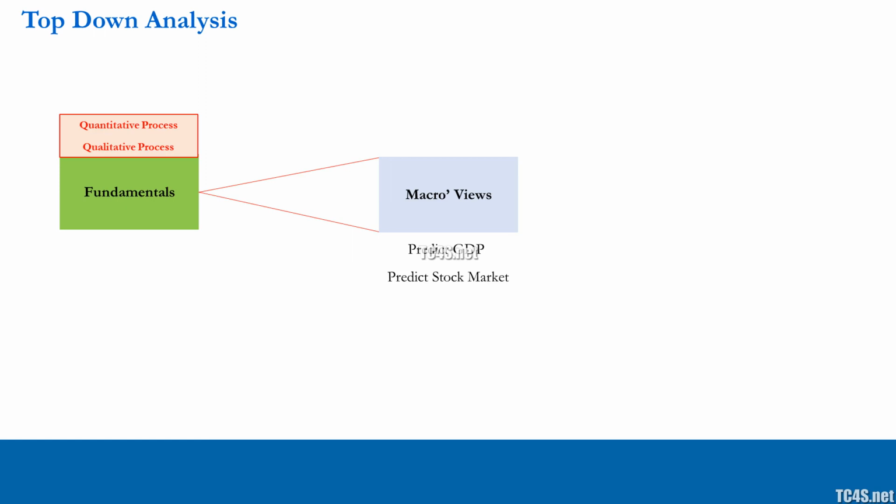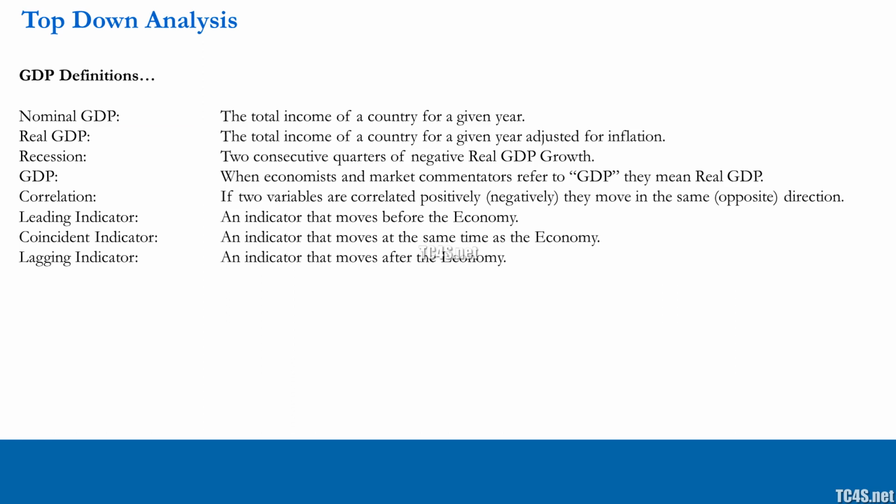We're looking at macroeconomic fundamentals and we're trying to predict GDP. If we can do that, we can predict to a large extent stock market returns. So before we get into that, for many people that are new to macroeconomics, we need to actually go through some definitions that relate to GDP.